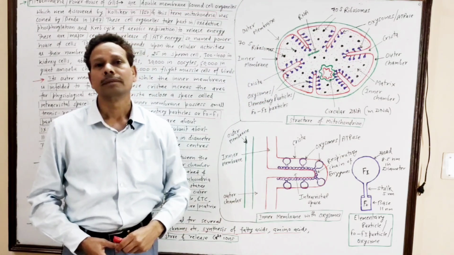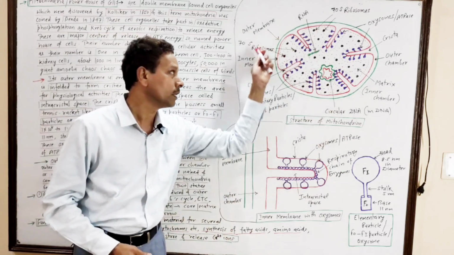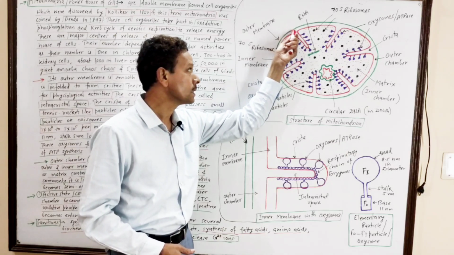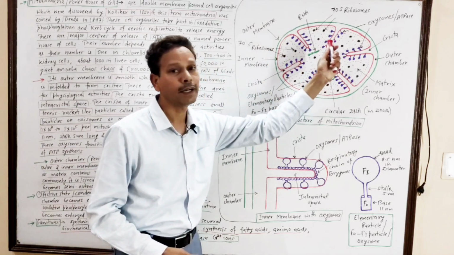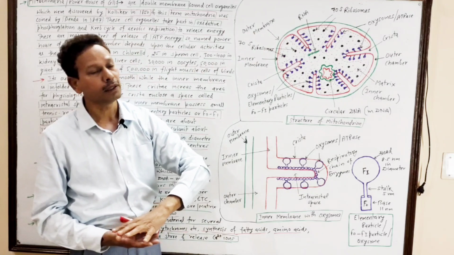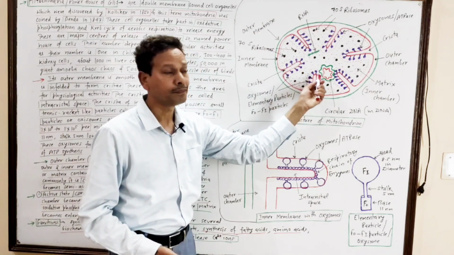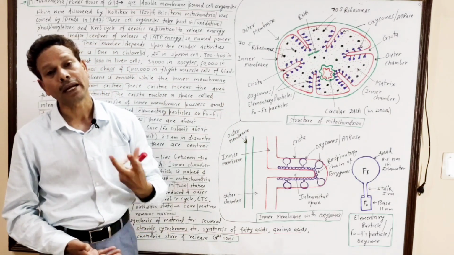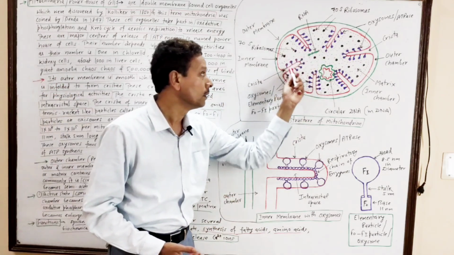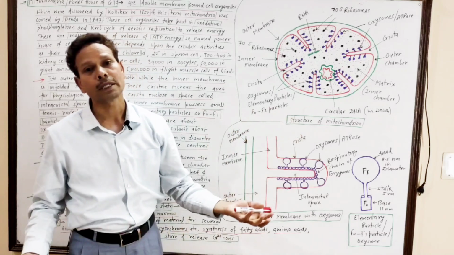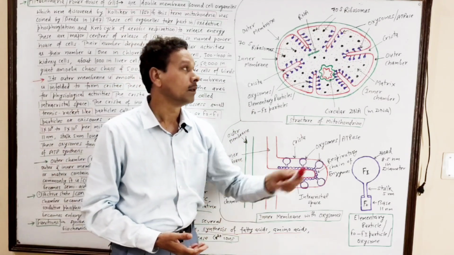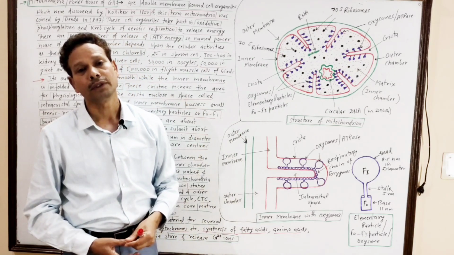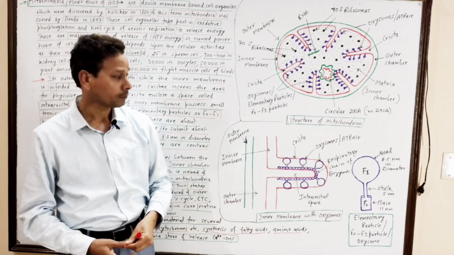This is all about mitochondria, which is a double membrane bound cell organelle having two chambers: the outer chamber, and this entire matrix, the inner chamber. In this inner chamber, the Krebs cycle and oxidative phosphorylation take place. The Krebs cycle is an aerobic process in the presence of oxygen: breakdown of food, oxidation of food to release ATP.